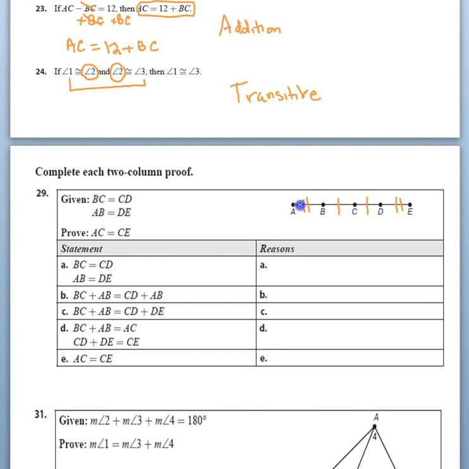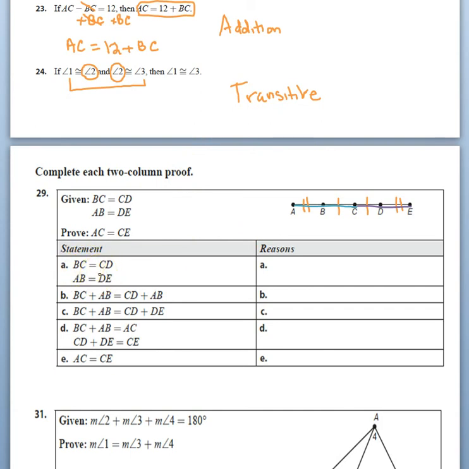AC is from here to here, and we want to prove that is the same as CE, which is from here to here. And that would make sense, right? Just looking at the picture. But we want to mathematically prove that that's true. So that's a little bit different than just looking at it and saying, yeah, that looks like it should be true.